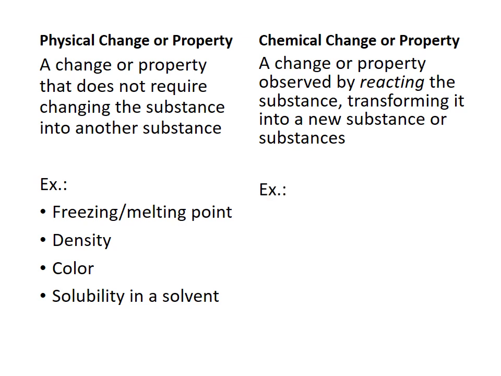Now, examples of these include combustion. Combustion is a chemical change because you are taking a substance like gasoline or sugar or cellulose, and by adding oxygen and adding heat, you are transforming it into carbon dioxide and water. That is a chemical change.